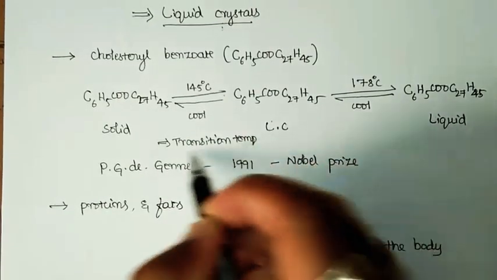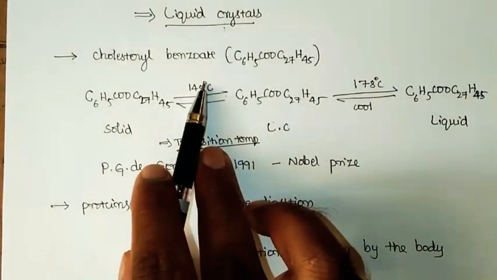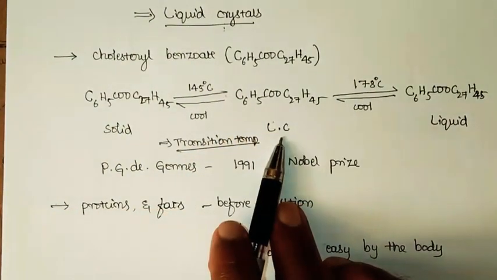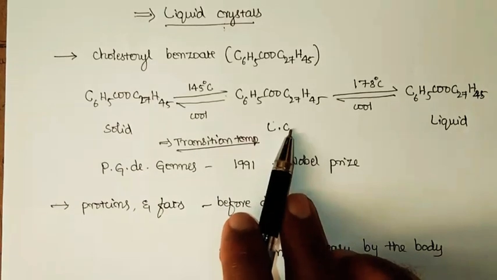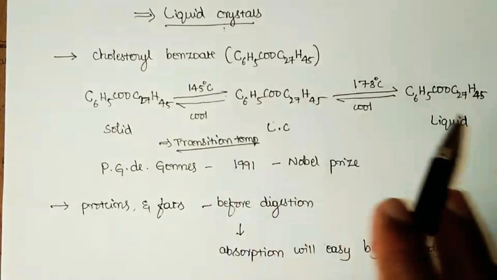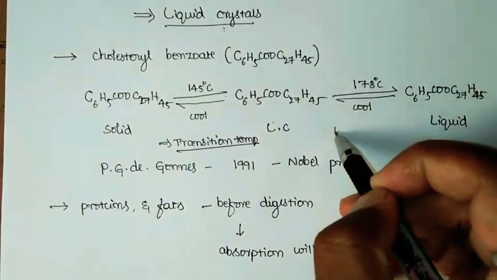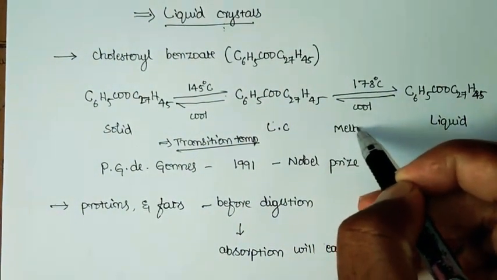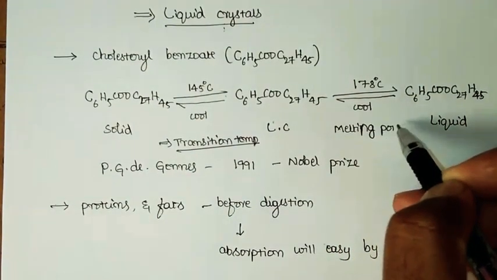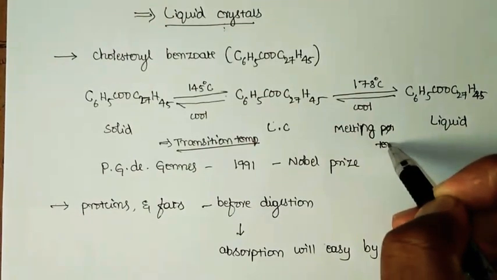And the temperature at which the liquid crystalline state changes into true liquid is called the melting point, or melting temperature, whatever you can say.